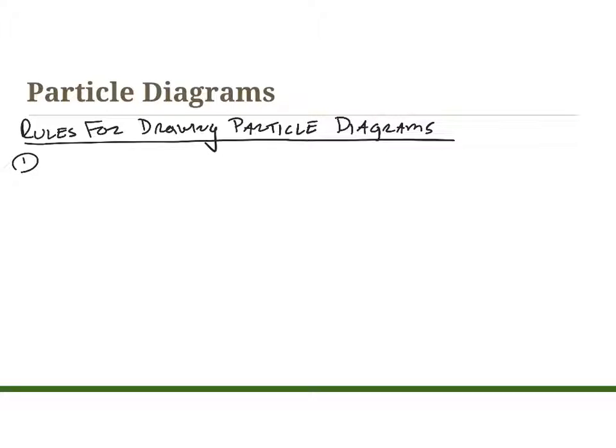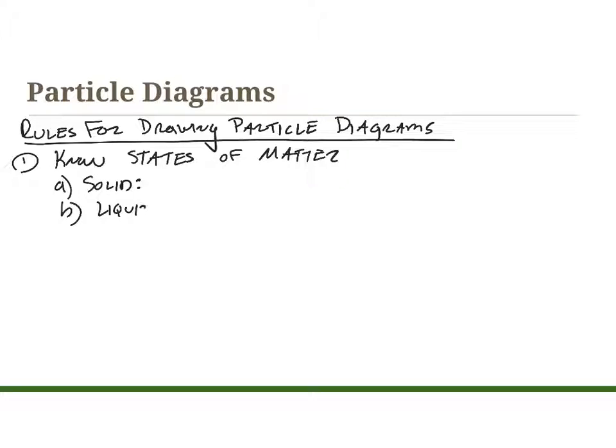Rule number one, know your states of matter. There are three states of matter that you are responsible for understanding. A is solid. B is liquid. And C is gas.